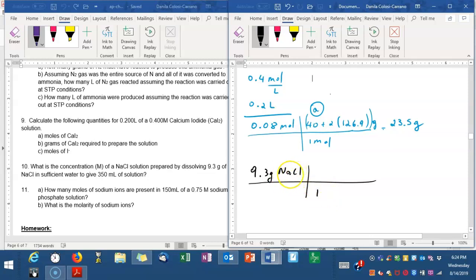You have 23 plus 35, so 58 grams is 1 mole. So 9.3 divided by 58, 0.16 is how many moles you have of sodium chloride. To find molarity, you have to take 0.16 moles and divide it by the 0.35 liters. So divide by 0.35, you have 0.46.